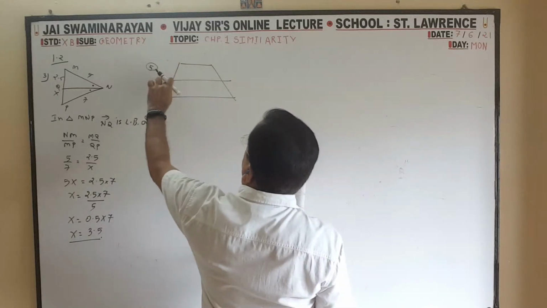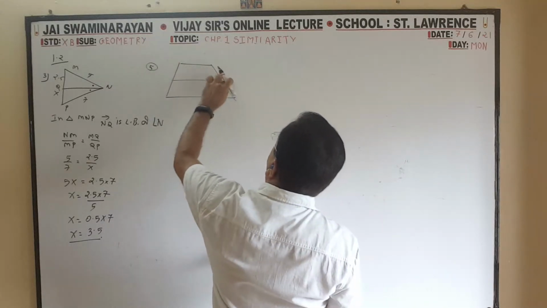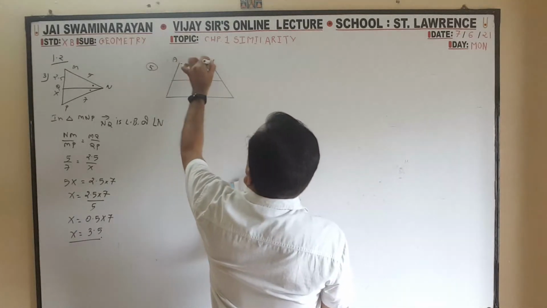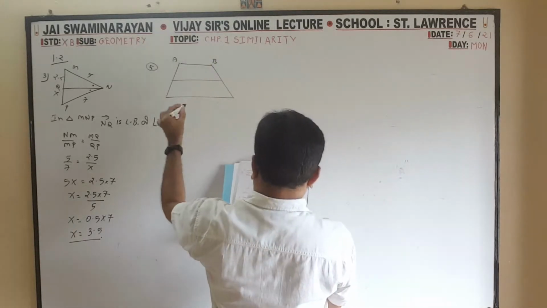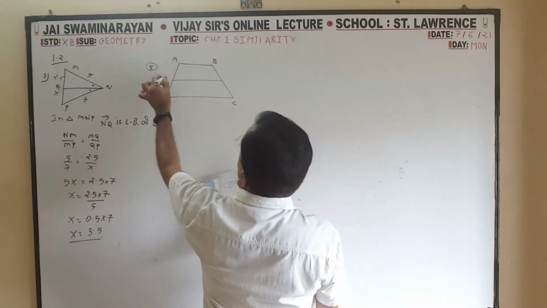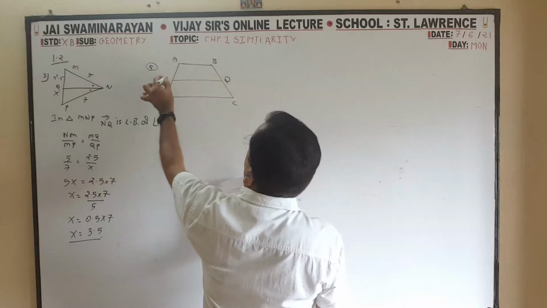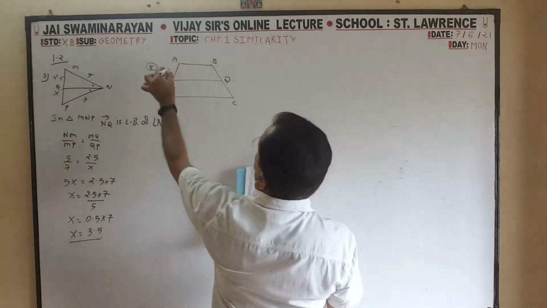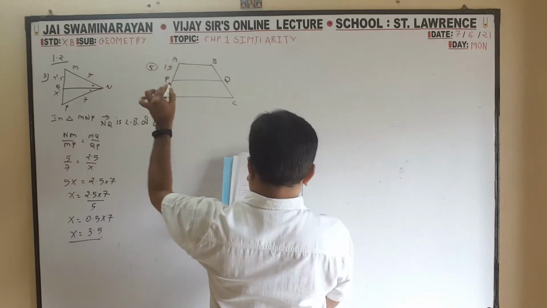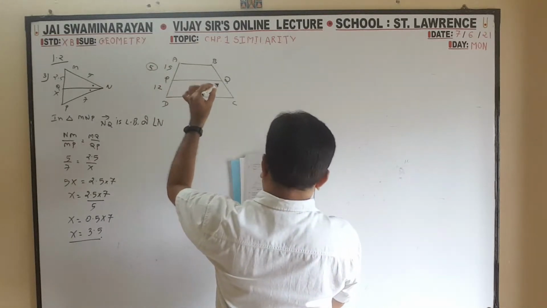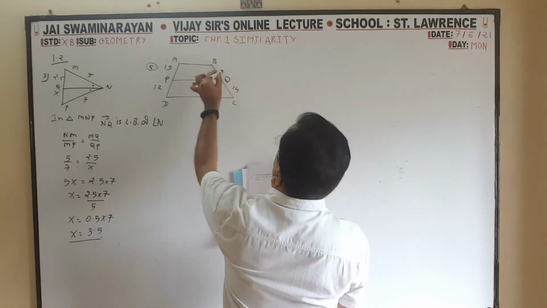3 lines are parallel. AP is 15, PQ 12, CQ 14.